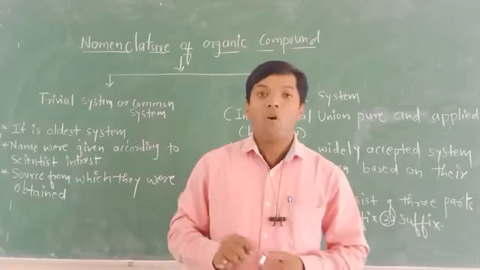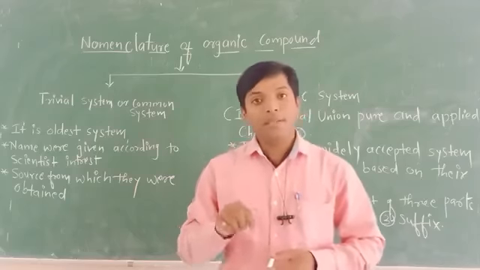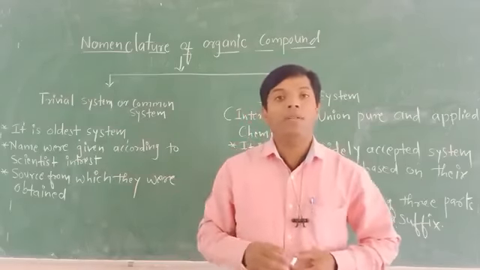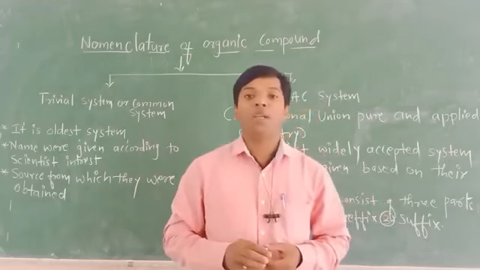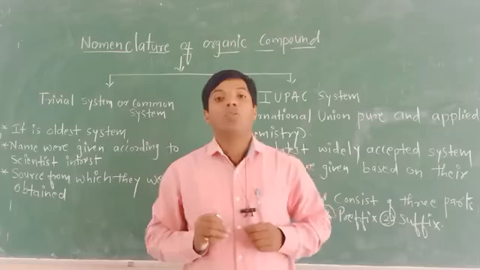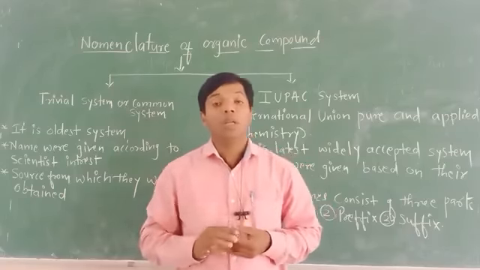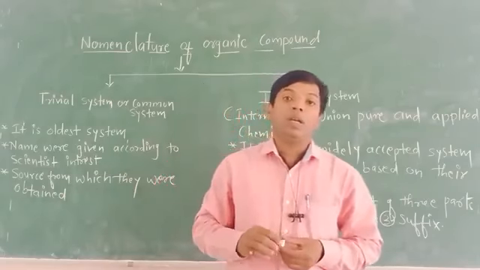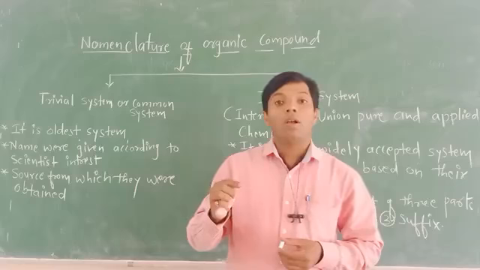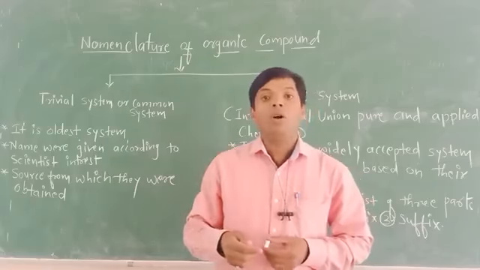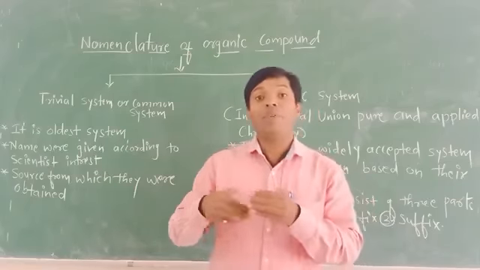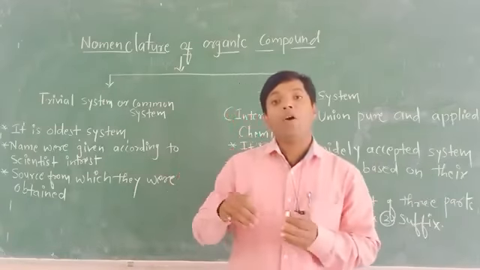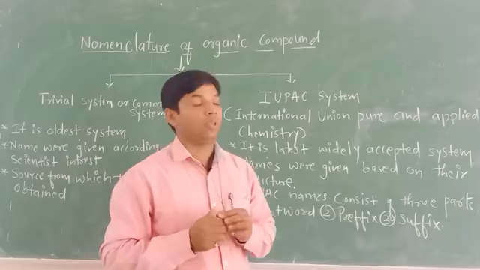Red ants means formicus, and due to formicus as the Greek word, the name for that acid is given as formic acid. Means in this common system or trivial system, the name of the organic compound is given based on the origin or source from which they were obtained, or according to the scientist's interest.